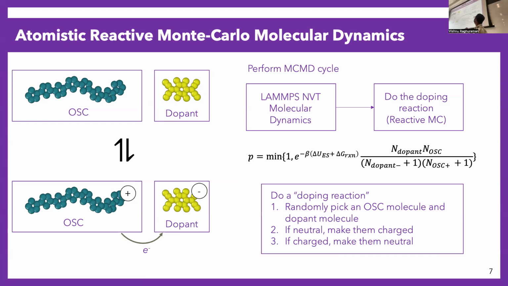And you cycle between these MD steps and Monte Carlo steps till you reach equilibrium. And the way you would do the MC was using this Metropolis type condition given over here. It can be quite straightforwardly derived from a semi-grand canonical ensemble.